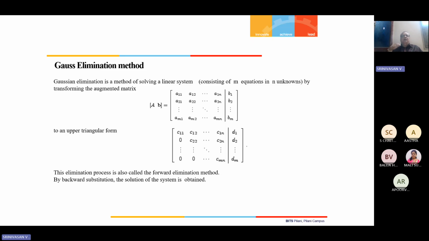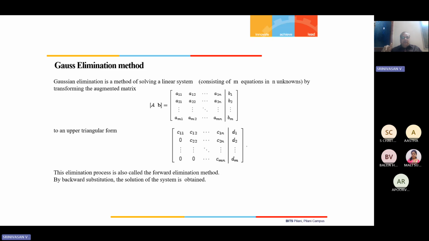These all form part of your elementary row operations. What is happening actually by this kind of elementary row operations? We are eliminating the coefficients of x, y, z in the echelon form.